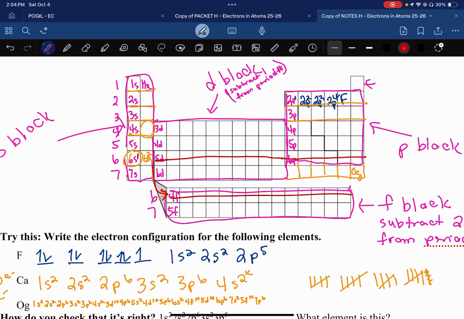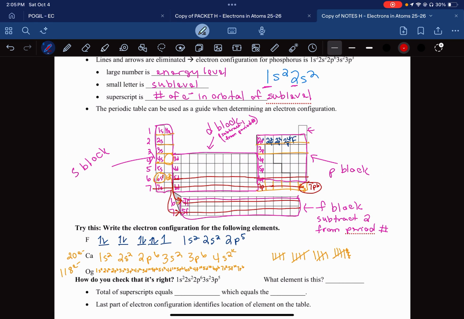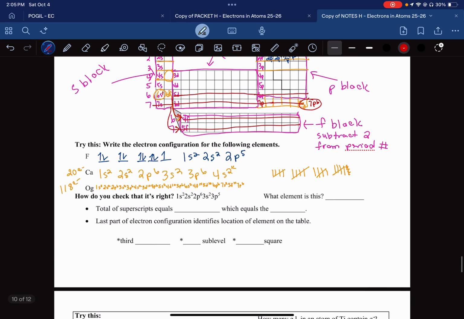Then we came back down here to 7s, and then we had to come back down through this 5f block, and then back up here to the 6ds, and then to the 7ps. And that's how we got to 7p6. And so 7p6 has to be the last part of the electron configuration for that element, based on where it is on the periodic table.